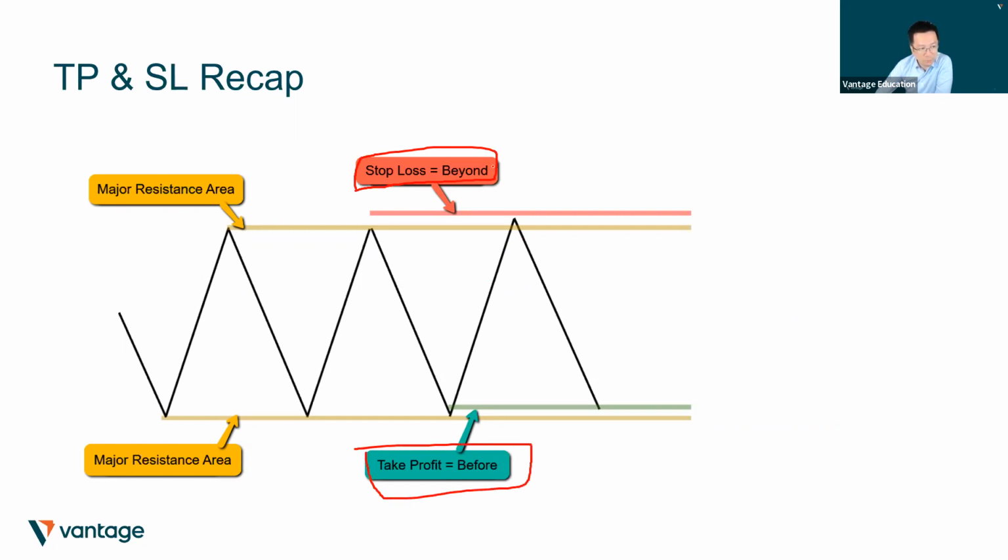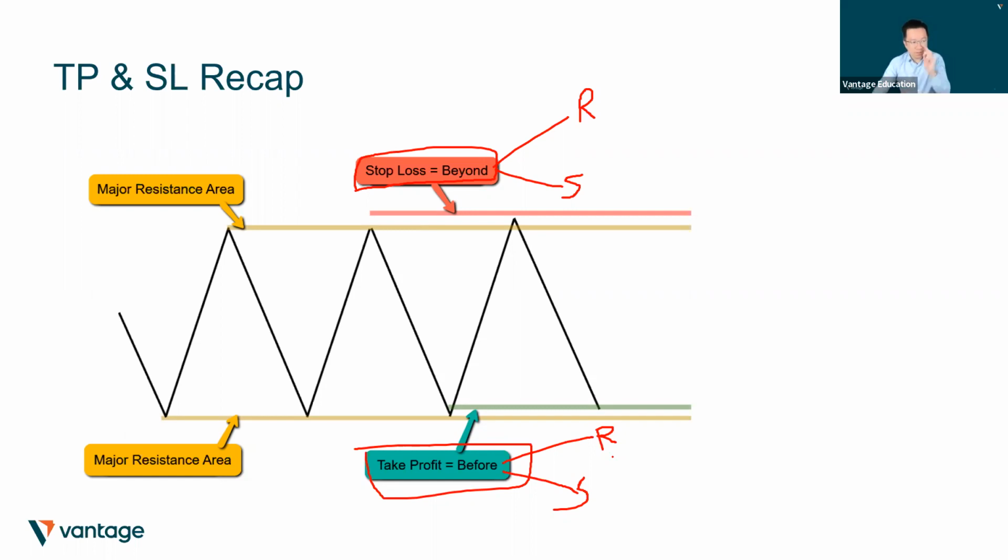It could be beyond your resistance, I'll just put an R there, or beyond your support level, depending on whether you're buying or selling. And your take profit should be before your resistance if you are buying, and before your support if you are selling. So always remember, take profit before a support or resistance, stop loss beyond.